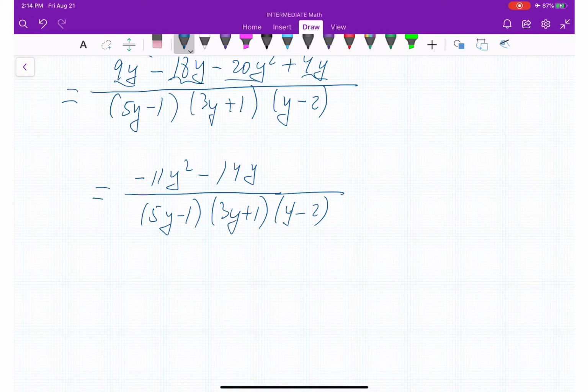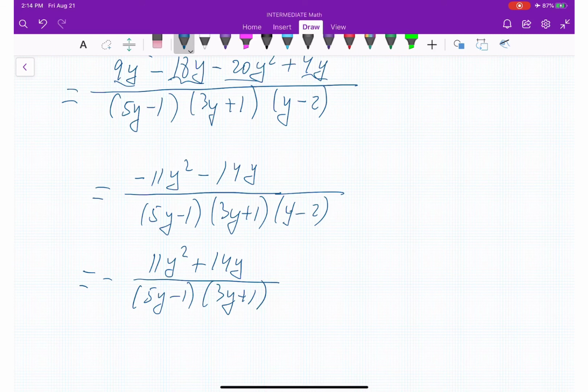test 3. So this I can do. Take negative out, and I will get 11y squared plus 14y. And I will have here 5y minus 1, 3y plus 1, and y minus 2. And since I don't like negative sign in front of fraction, I'm going to flip it.